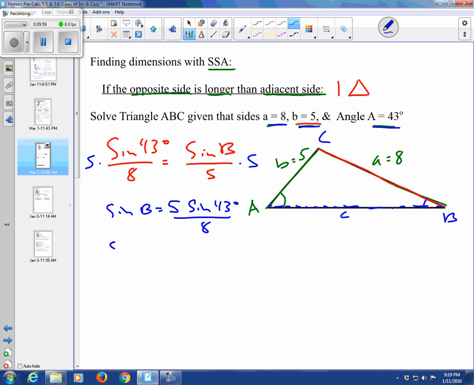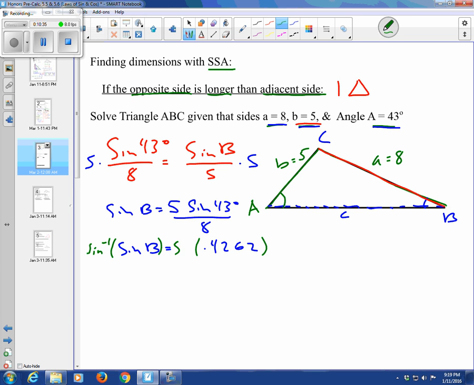And right here, this gives us sine of B as being 0.4262. Now at this point, we can apply inverse sine to both sides and solve for our angle B. So right here on this side, the inverse sines will cancel.